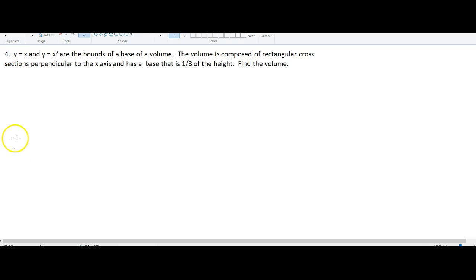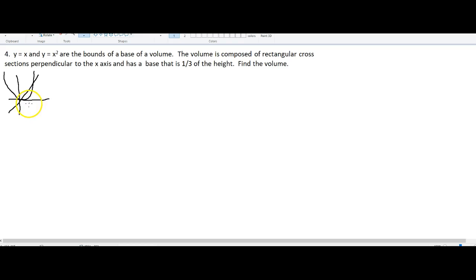Our base of our shape, of our volume, is no longer a nice, easy one with an axis on it. Instead, we have a line like this, and we have a parabola that does this. And so our known base area is going to be this piece right here.